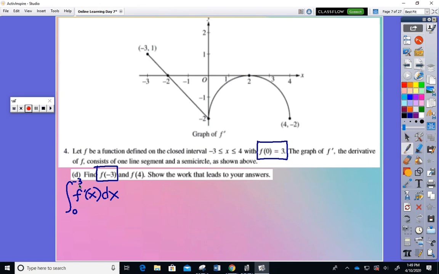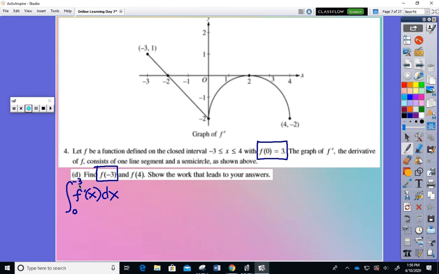Well, you might notice already that my limits from 0 to negative 3 are upside down. So I can handle that just with the Fundamental Theorem of Calculus, or I could swap them and handle it on the front end by putting them in the right order and adding a negative to the problem. I think I'm going to leave it like it is because it will take care of itself with the algebra.